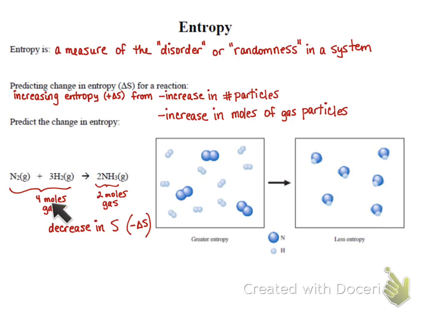So it goes from 4 to 2, so there is a decrease in entropy, and that's going to be a negative entropy change. So it goes from greater entropy to less entropy, which is not a usual process, so there must be other stuff going on with energy and bonds and things like that.